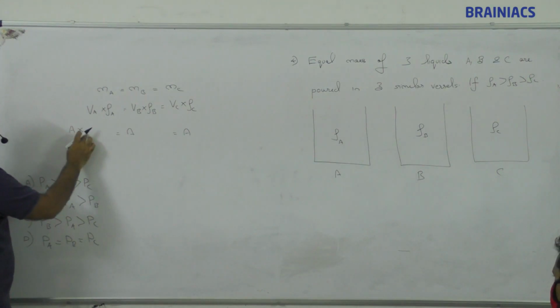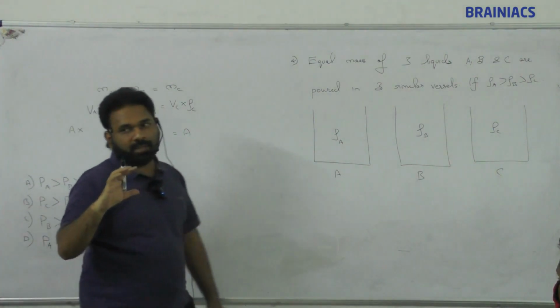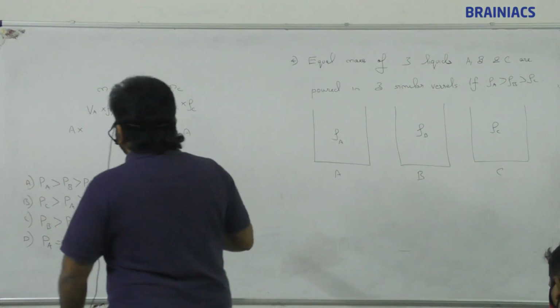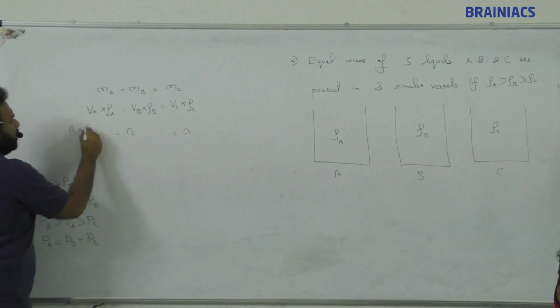This is going to be area into height. Height will be the height of that liquid column.